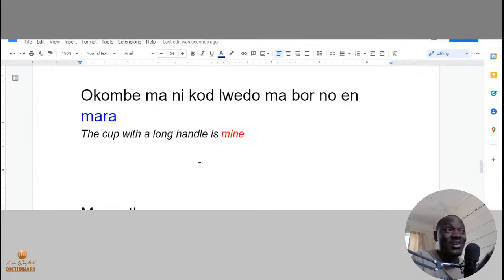The sentence does not insinuate that it can be for your mother-in-law. If you said okombe ma ni kod lwedo maborno en mar Mara, then it would mean it belongs to your mother-in-law, okay?